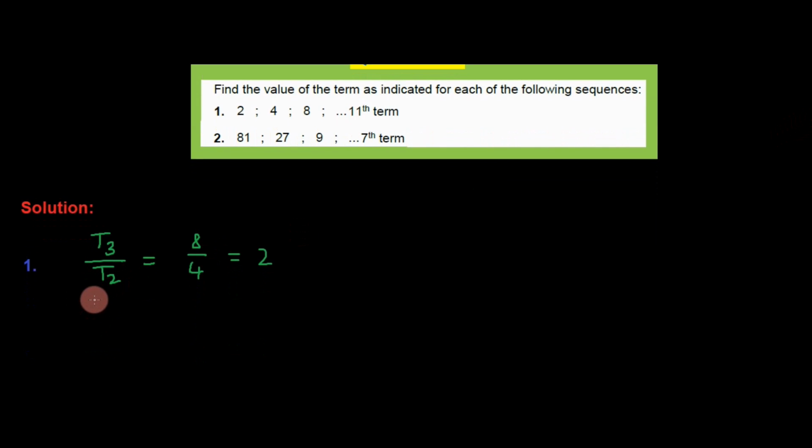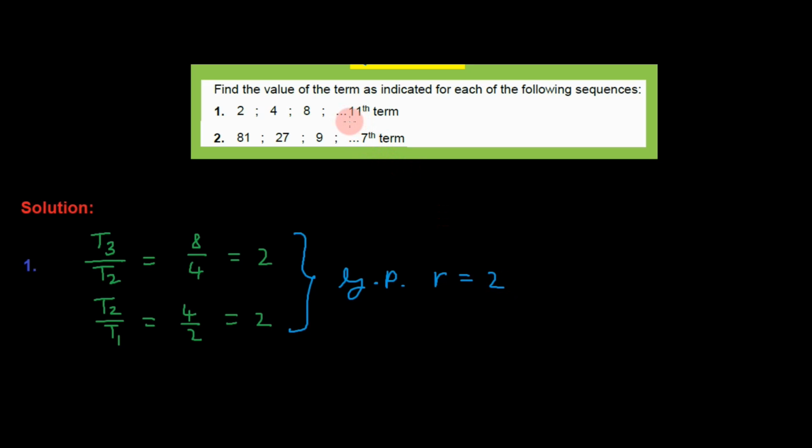And term 2 divided by term 1 is 4 divided by 2, which is also 2. So we know it's a GP with common ratio R equal to 2.